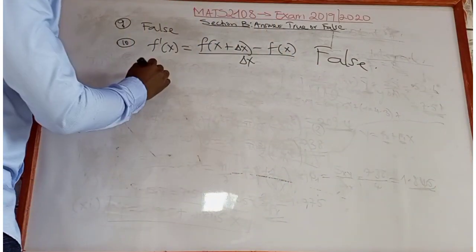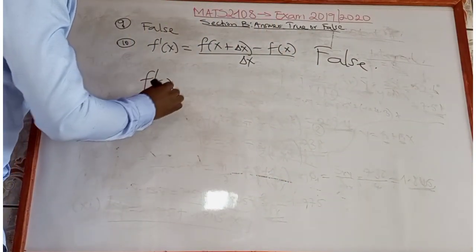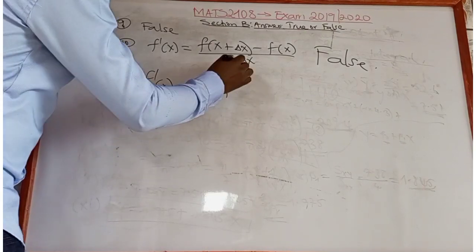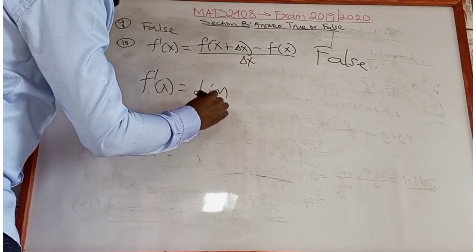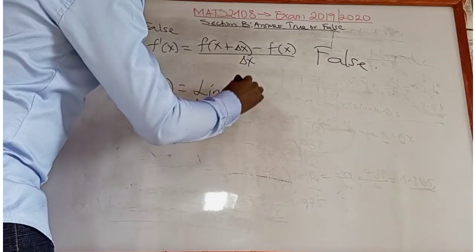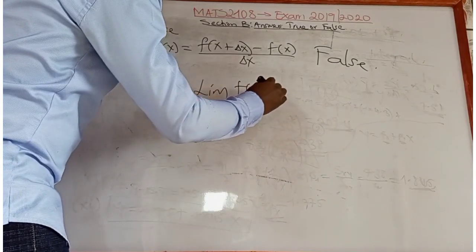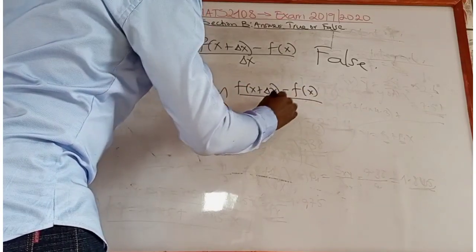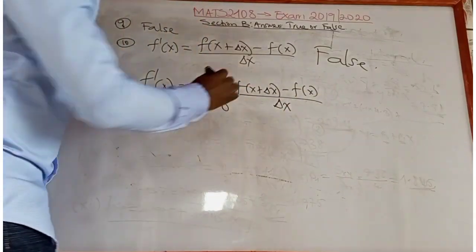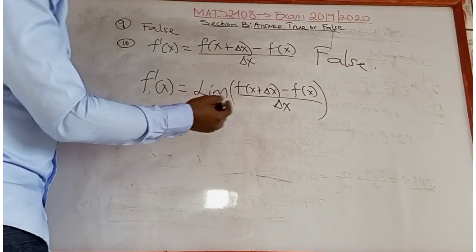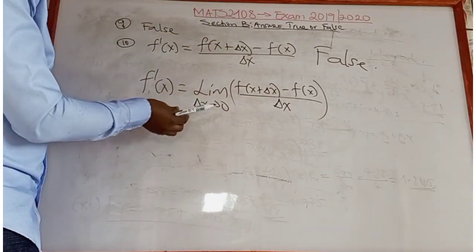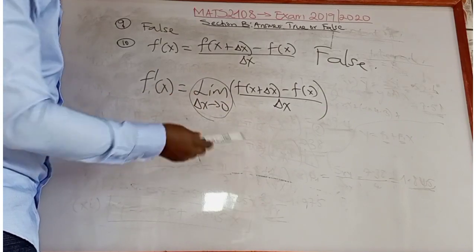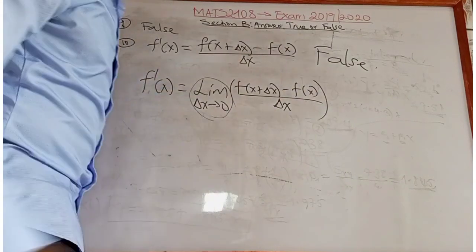The first derivative f prime of x is defined as the limit as delta x tends to 0 of f of x plus delta x minus f of x divided by delta x. So you can see that in this definition, they did not include the limit. Since they did not include it, it makes the definition wrong.